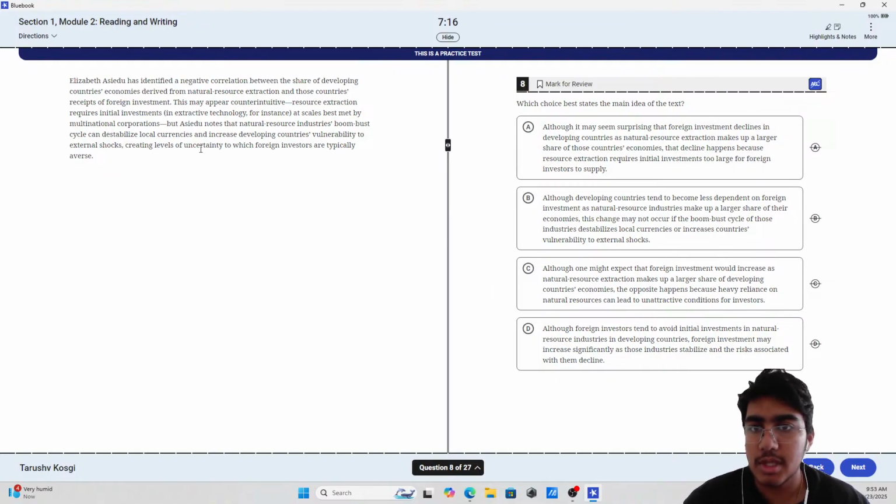Okay. Main idea of the test. Identify negative correlation between their economy receipts.